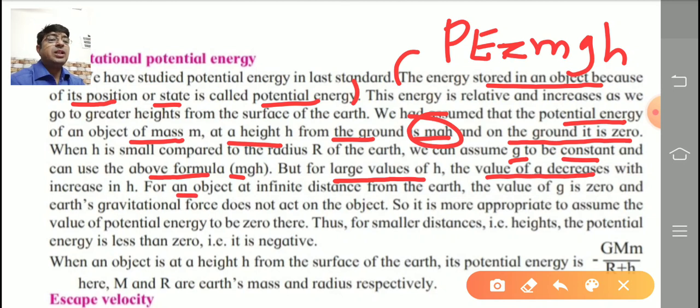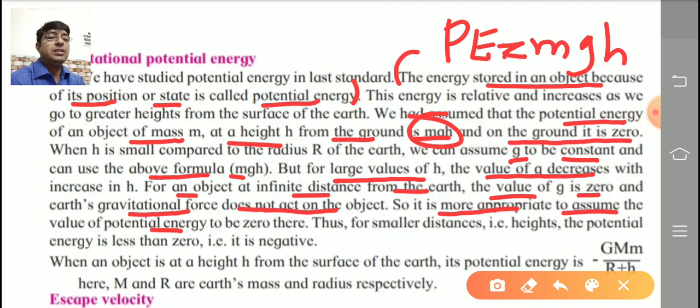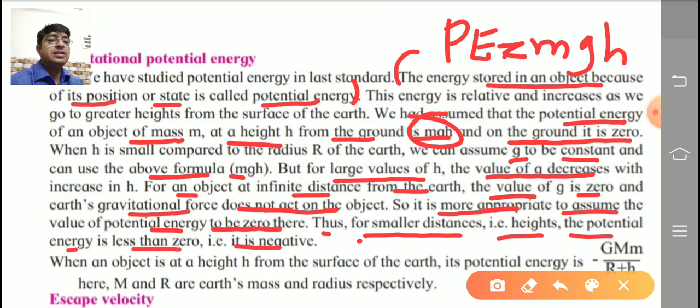For an object at an infinite distance from the earth, the value of g is 0 and earth's gravitational force does not act on the object. So it is more appropriate to assume the value of potential energy to be 0 there. So no potential energy. Thus, for smaller distances, that is the height, the potential energy is less than 0, that is negative.